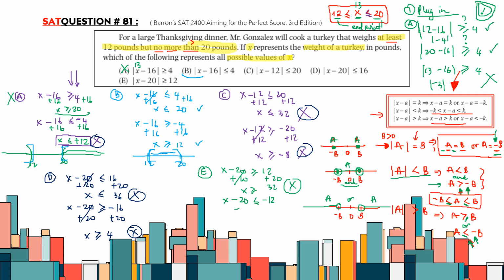No, right? So add 20 to both sides, that's gone, x equal 8. Okay, x less than or equal to 8. The minimum is 12 and maximum is 20, so that does not match. The only one that works here is B.